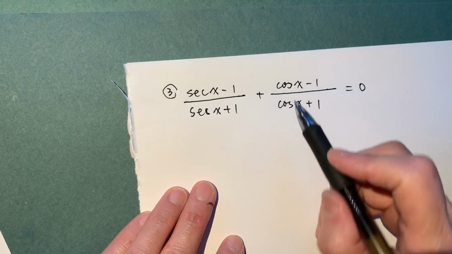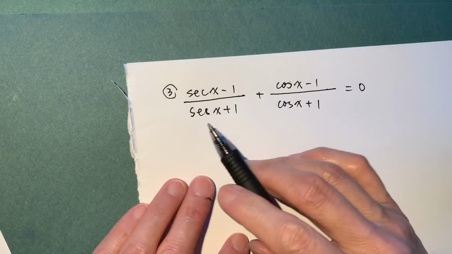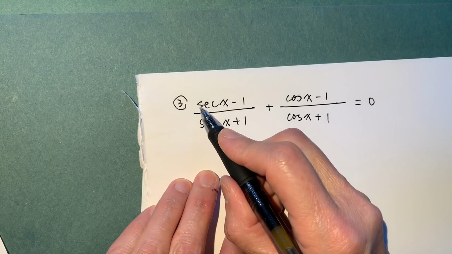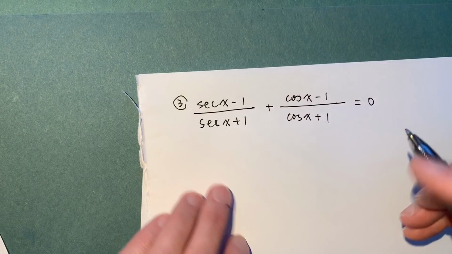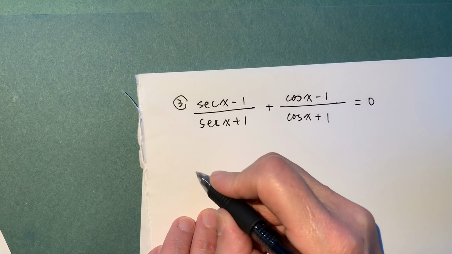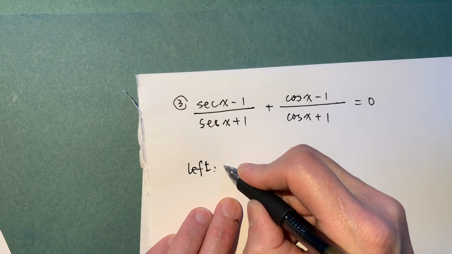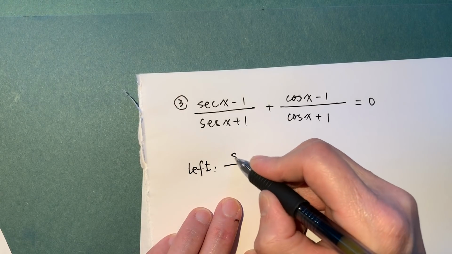Because there is cosine, we move everything into cosine. So secant is the reciprocal of cosine. So on the left, we copy it.